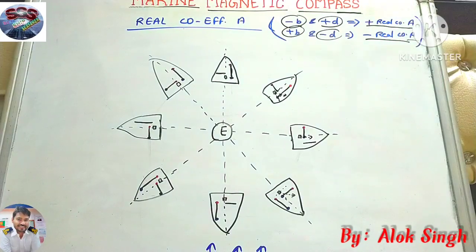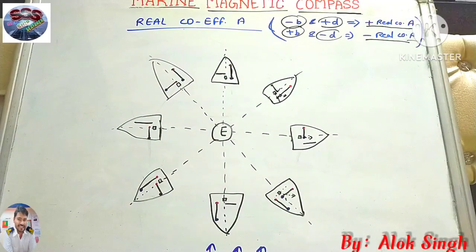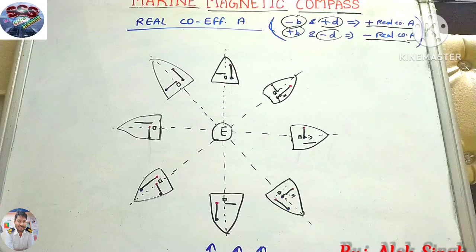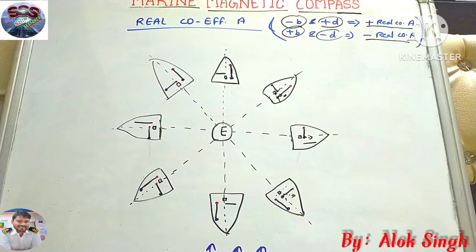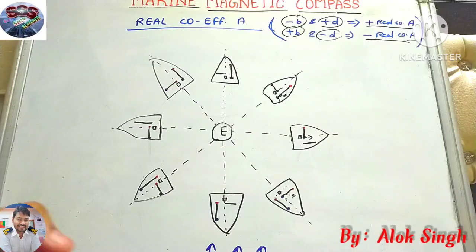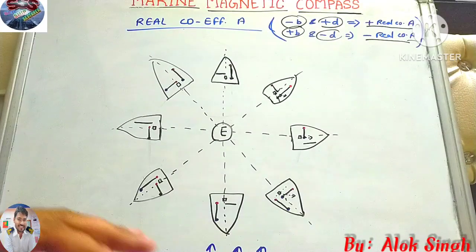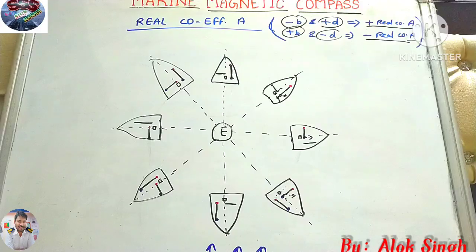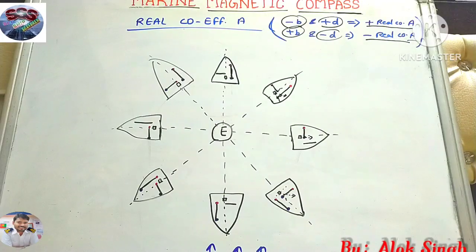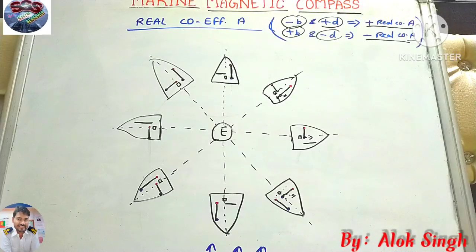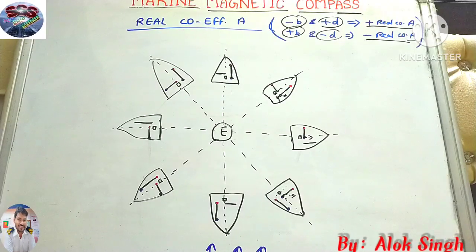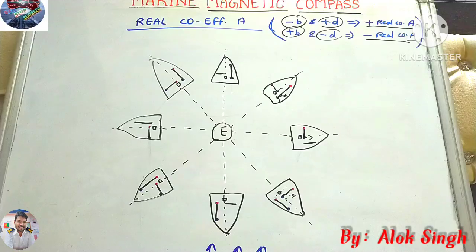For your exam purpose, if you require the definition, I'll dictate it. You can write it, or you can switch on the CC mode of your YouTube and copy from there. So what is real coefficient A? It is a constant value of deviation which remains the same in sign and magnitude for all directions of the ship's head.